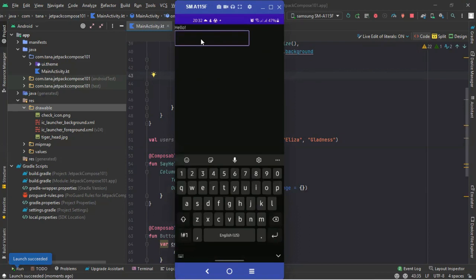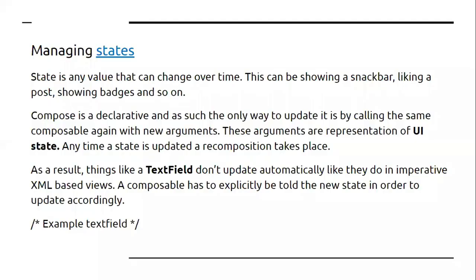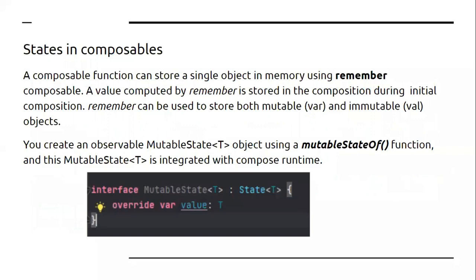This happens because Compose does not update by itself. You'll need to tell it by yourself that this value is changing. So by doing that, we are touching on the so-called state.